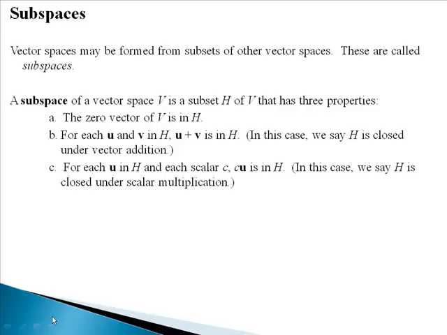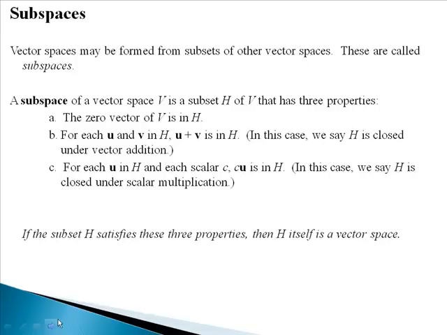And the third property is for each vector in H and each scalar C, multiplying by that scalar is also in H. In this case, we would say that H is closed under scalar multiplication. And so if these 3 properties are true, then our subset is a subspace. If the subset satisfies these three properties, then H itself is a vector space.